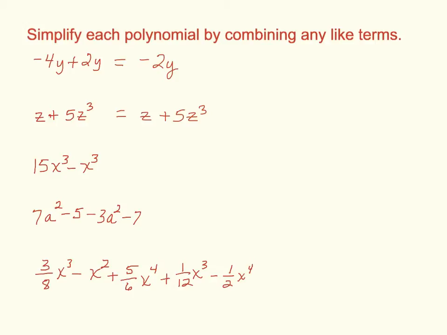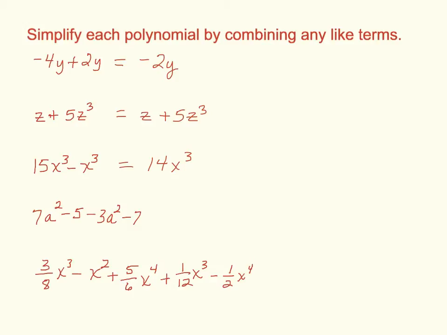15x cubed minus x cubed, are they like terms? Yes, because they both have x cubed, so that's going to be 15 minus 1 is 14x cubed. The next one, what can we combine?